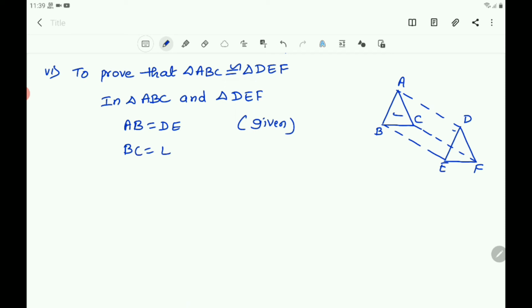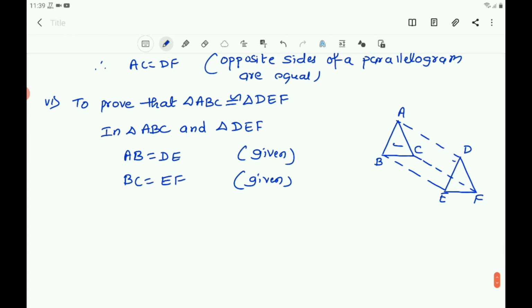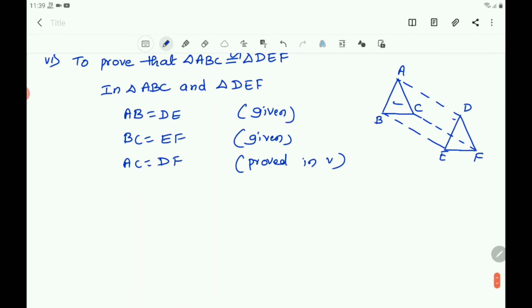Then AC is equal to DF, that is proved in the fifth.